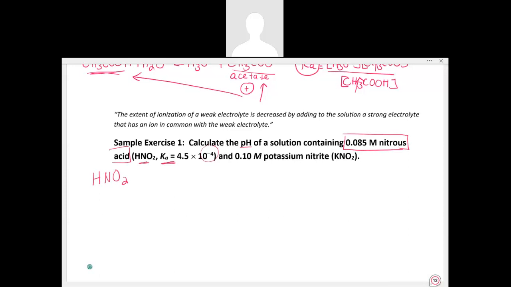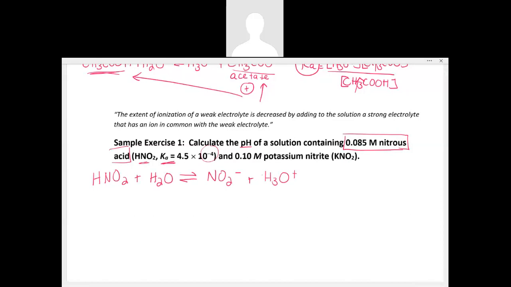Since this is so small, this change that will result due to this small equilibrium constant, we'll see that we're actually going to ignore our x value and not have to do the quadratic formula once again. So that's usually good news for students, but let's take a look here at what would happen.